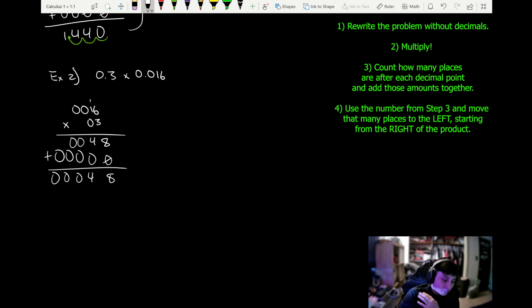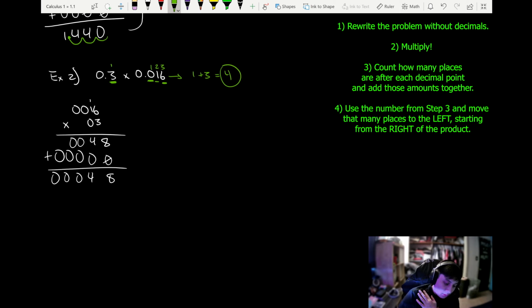Okay, now let's look at our steps. And it says step 3, right? When we have the product, we count how many places there are after the decimal in each factor. So here, just one place, but here there's 1, 2, 3 places, right? So then we add those numbers. 1 plus 3, that's 4.